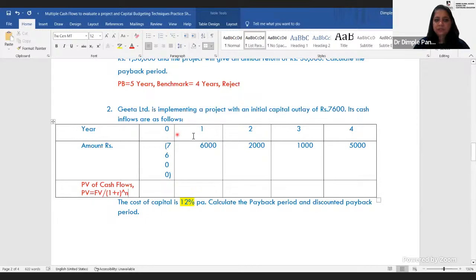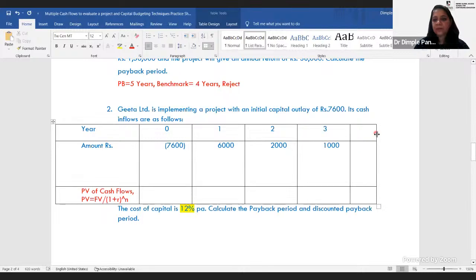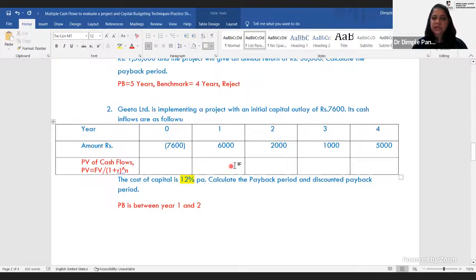So tell me, how much is going to be the present value of 7,600? Will 7,600 be the same amount? Yes. What will be the present value of 6,000 rupees? Will it become 6,000 divided by 1.12? How much would that be?